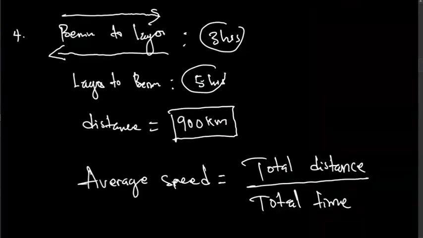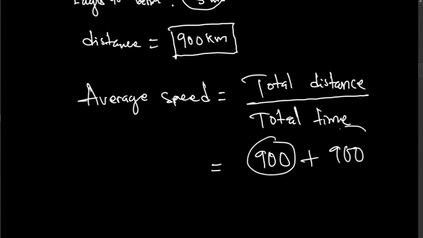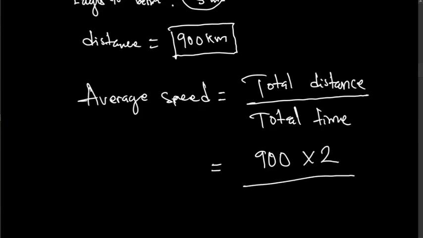So the total distance is 900 kilometers plus 900 kilometers, going and coming back. Or we can say 900 times 2, going and coming. That is the total distance.